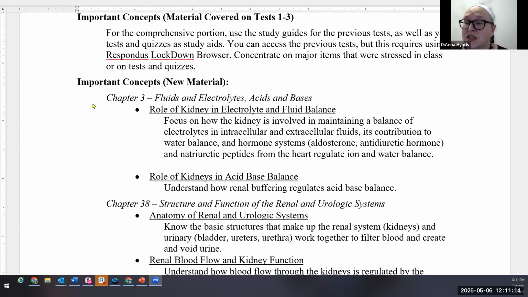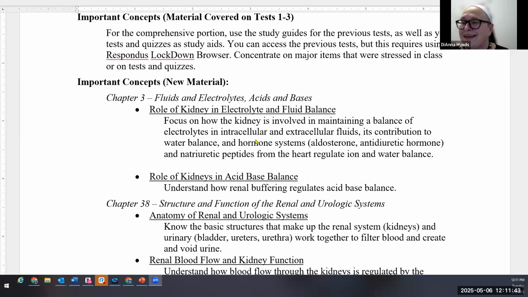This is normal functioning. What you should focus on is the role of the kidneys in electrolyte balance, fluid balance, and acid-base balance. The kidneys, as part of the urologic system, are the ones that help with this balance of fluids, electrolytes, acids, and bases.